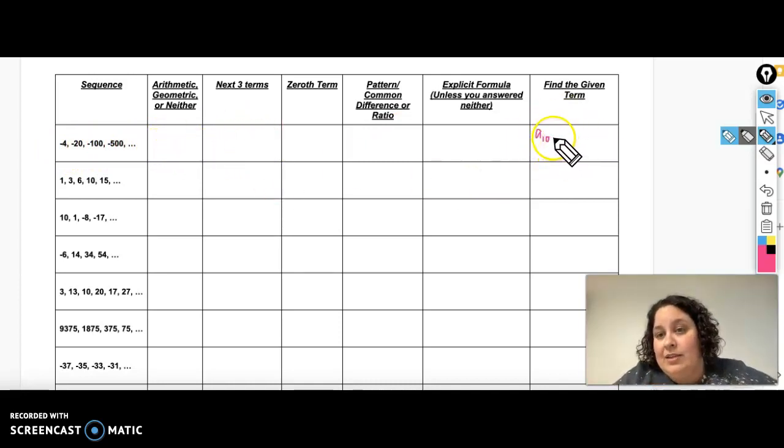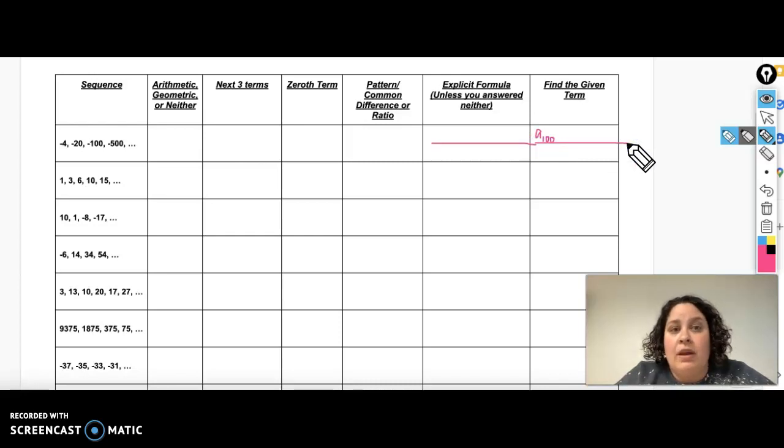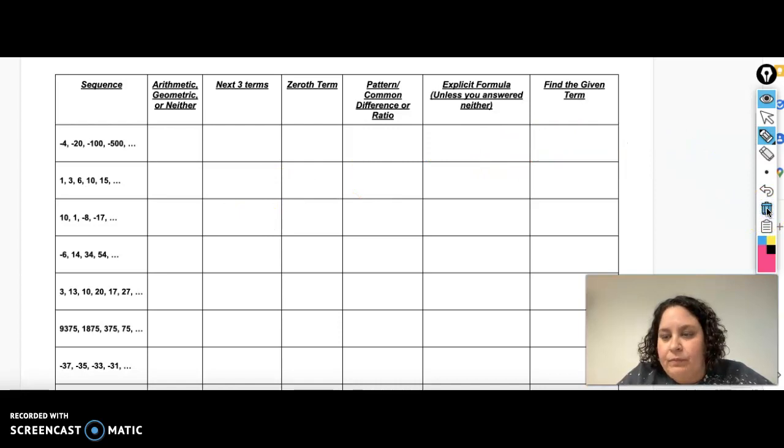Or in case this says a to the 100th term and we don't want to keep counting until we get to 100, we're going to use our formula that we wrote here to solve for this. So again, these two columns won't be answered if your first answer is neither. So if this is neither, you're going to still fill out all of these, but you're not going to fill out these two boxes. If your answer is arithmetic or geometric, then you will fill out the whole column, okay?